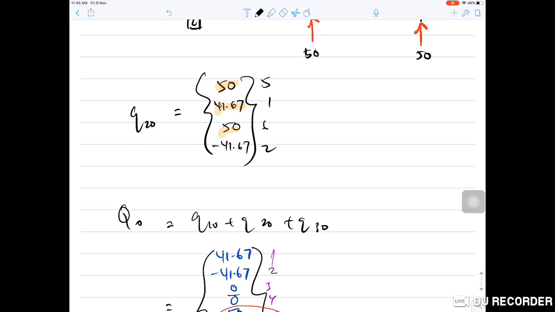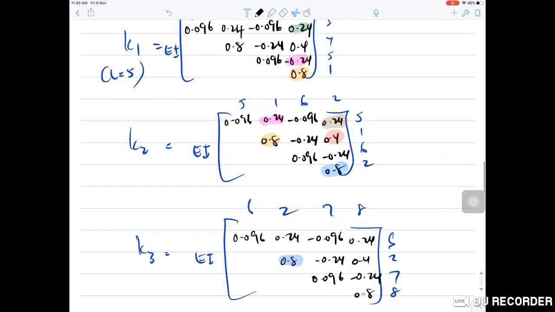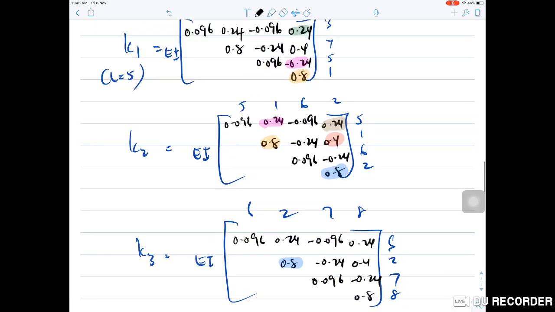The structure stiffness matrix does not need to be determined in the question, only if the question asks for it. Just do like what I have shown you just now. If we know that the degree of freedom is 8 by 8, we can imagine where is the position of 5-1, where is the position of 6-2.